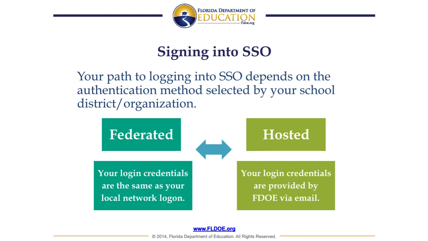For example, if you are employed with a school district, you can access it with your username and password for that particular school district. Hosted means that your login credentials are provided by the FDOE via email. The email you provide will be sent a unique link that you can click on and access it through a hosted format.